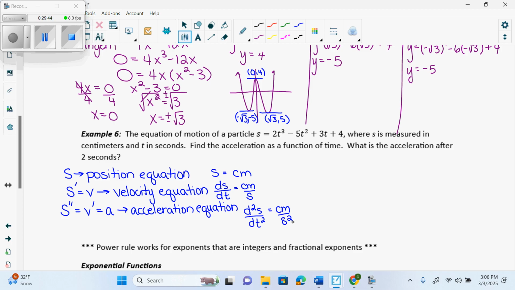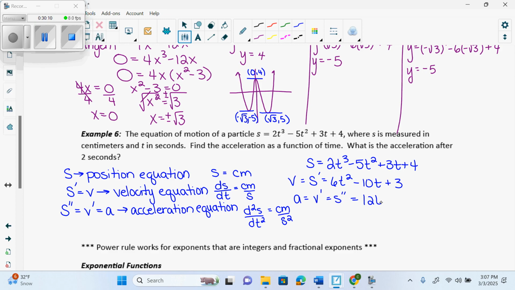And when it's power rule, it's pretty easy. So S equals 2t cubed minus 5t squared plus 3t plus 4. S prime is 6t squared minus 10t plus 3, which is V. And then a equals v prime, which equals s double prime, which is 12t minus 10.